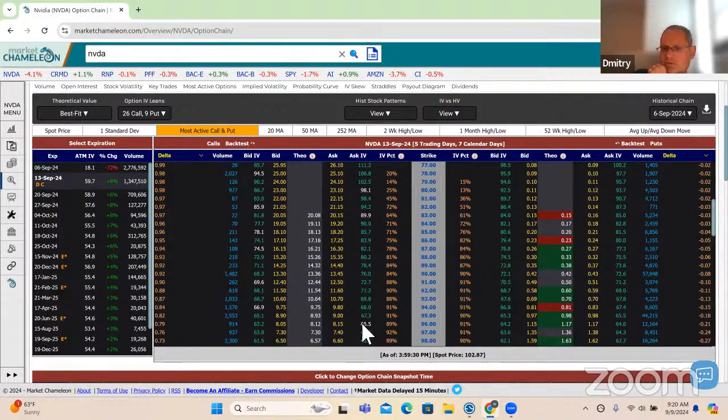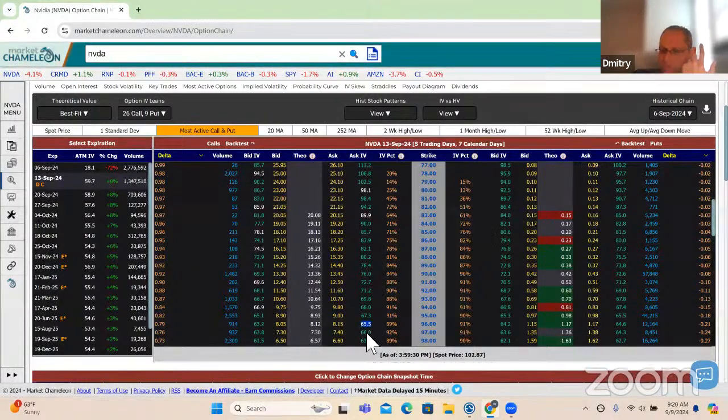So let's skip the 96 strike, and you can see all these strikes are very close together. If we go to the 97 strike, we see that the implied volatility of that ask is 66. So we do see it's trending lower, but look at the implied volatility in between.